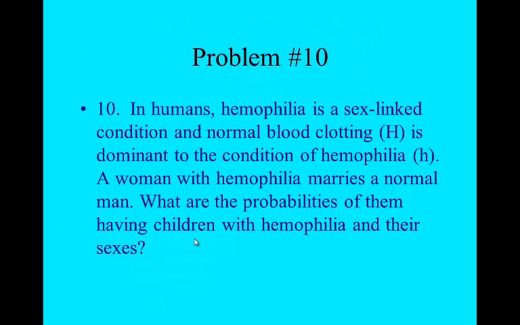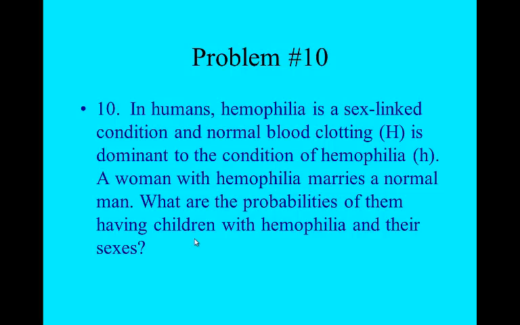Okay, so problem 10 is an example. In humans, hemophilia is a sex-linked condition, and normal clotting is dominant over the recessive characteristic of carrying hemophilia. Now, a woman who is carrying hemophilia would have an X chromosome with the dominant allele and an X chromosome with the recessive allele. She's going to give one or the other to her sons.